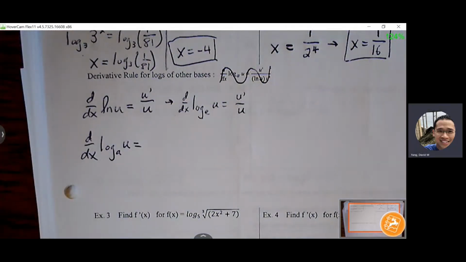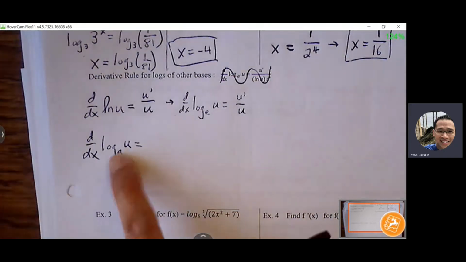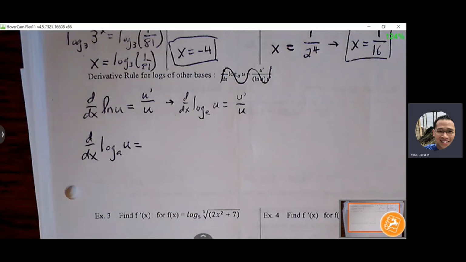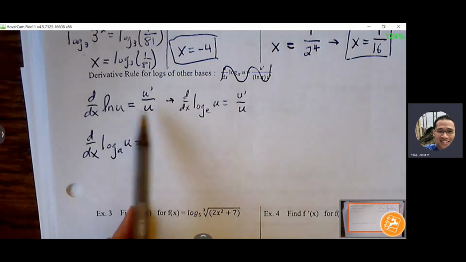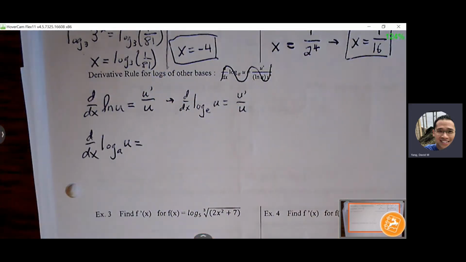Now it's not base e, so there's going to be a little bit of extra thing, something that we have to include as part of this rule. But we're going to go through a little bit of a conversion step. We're going to convert it into natural log. And then once it's in natural log territory, we can just do that u prime over u.